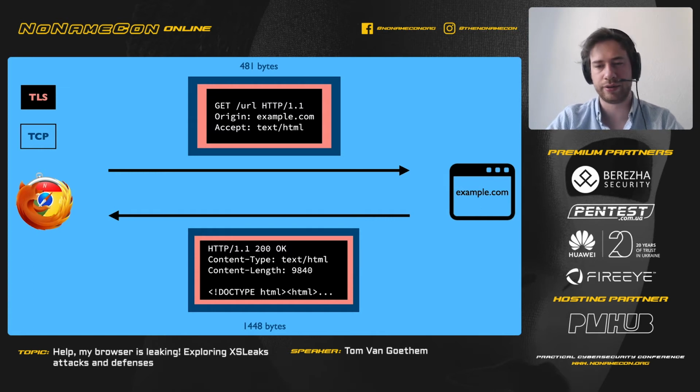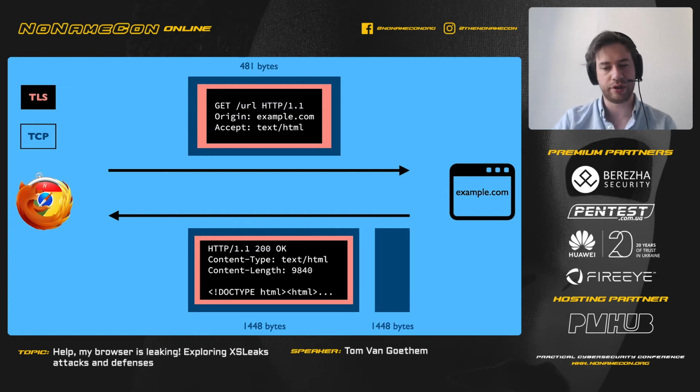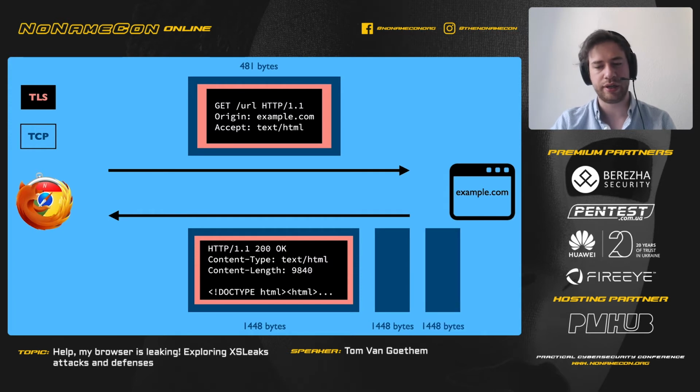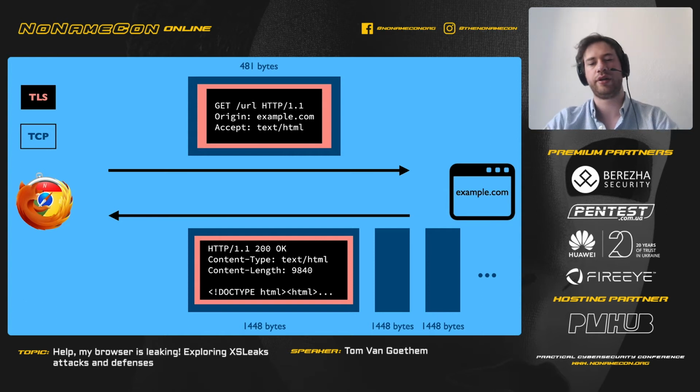However, we can only put 1,448 bytes into a single TCP packet. So this means that we will need one additional TCP packet for the rest, and one more, and actually several more, until the whole content of the response can be put into these TCP packets.